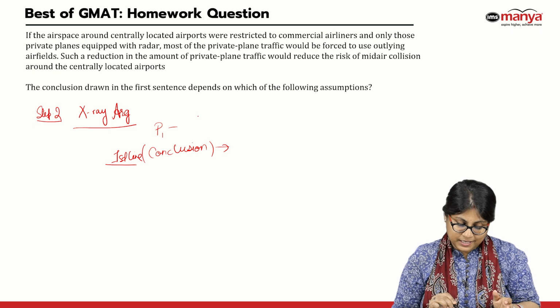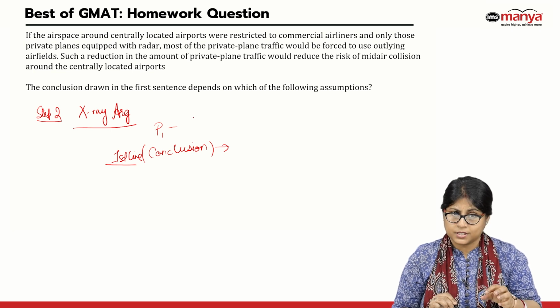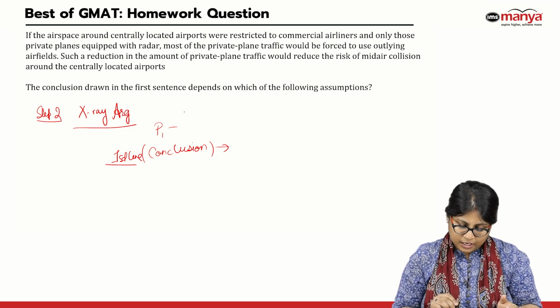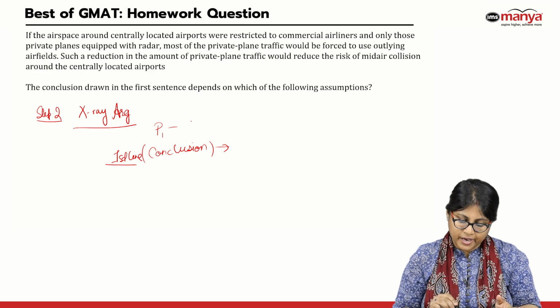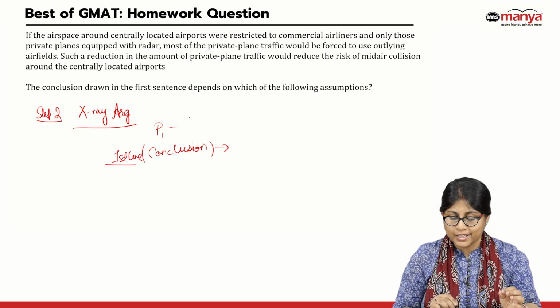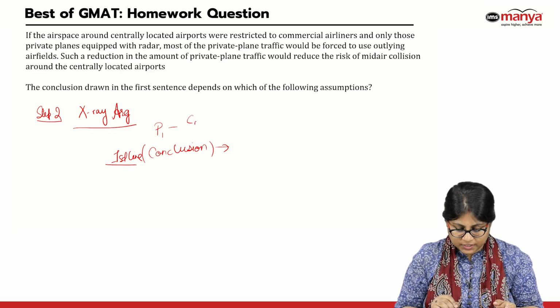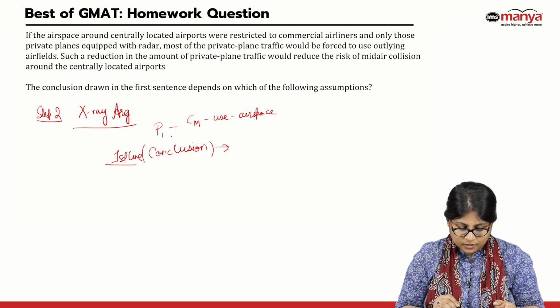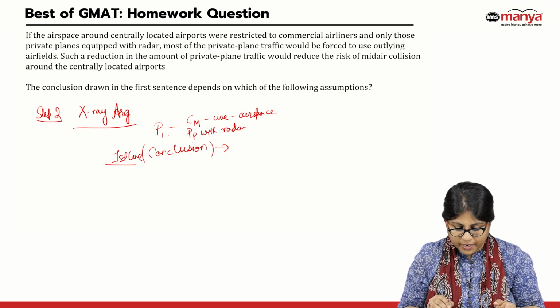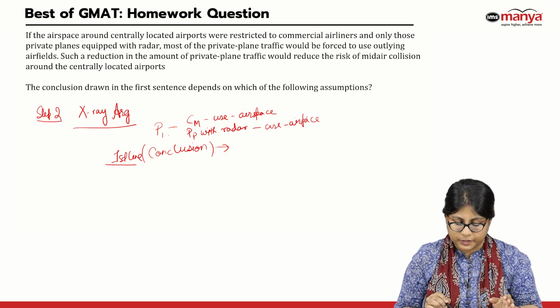The premise is saying that if something is done, what is done? If we restrict the airspace to only commercial airlines, which means commercial airlines will be using the airspace, and the private planes with radar, only these two would be allowed to use the airspace.